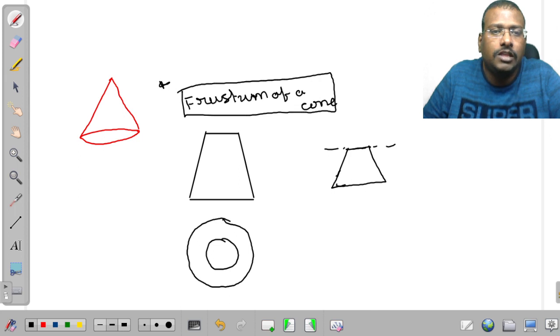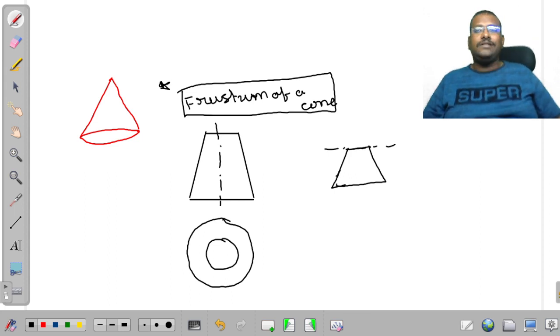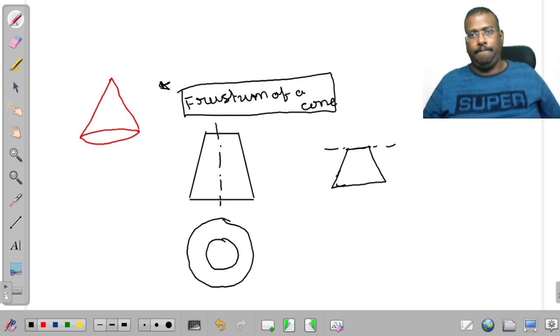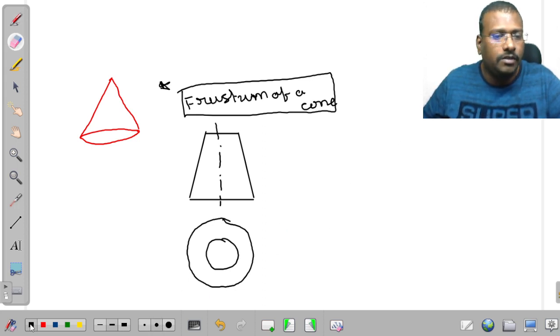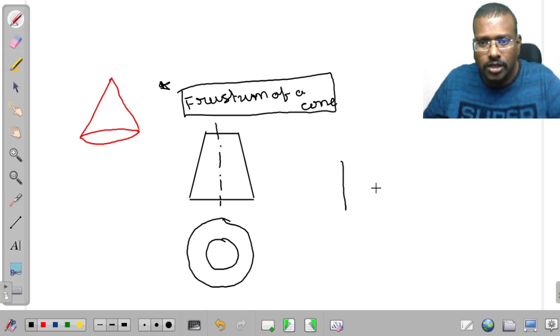So with this frustum of a cone, this is the axis, but we won't consider the axis as vertical. We'll consider it as horizontal. Once you consider it as horizontal, how is this going to be? With the frustum axis horizontal, we are going to get an object like this.